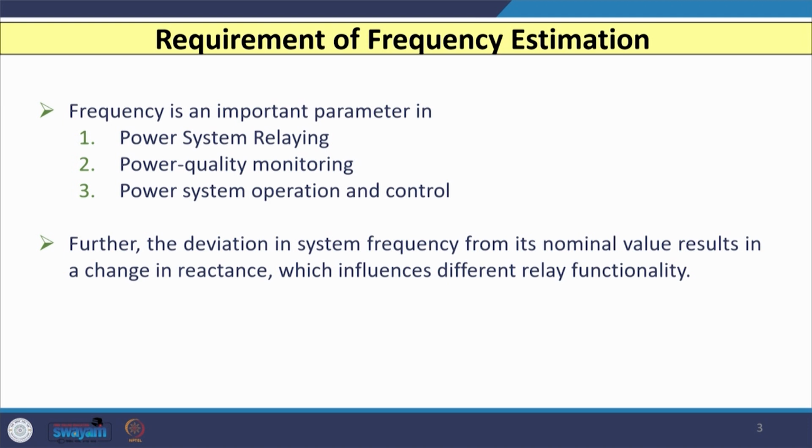Now, in this lecture we will discuss the frequency estimation algorithm. We know that frequency is an important parameter as far as the power system network is concerned. Frequency is very much used in power system relaying applications. We use frequency relays.